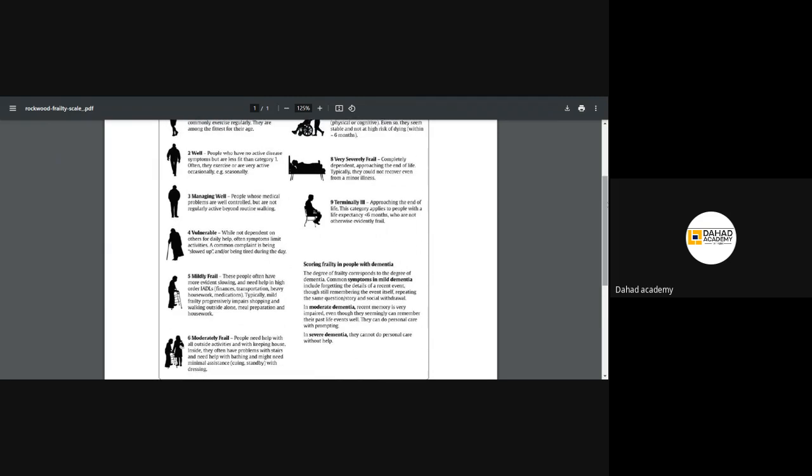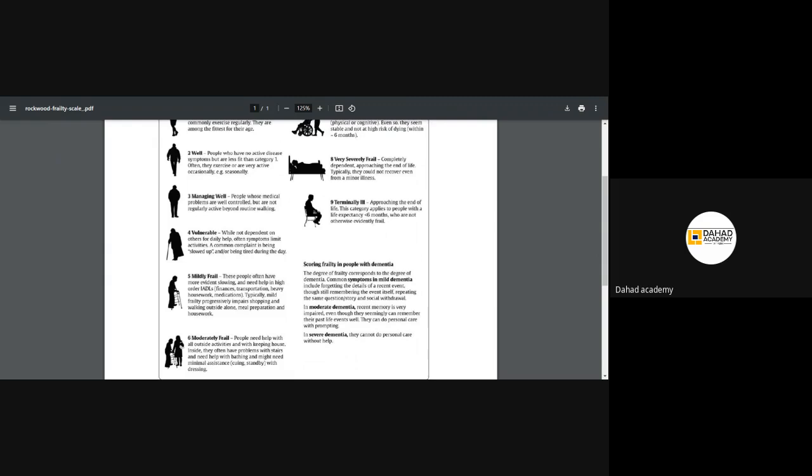And this depends on the comorbidities and what the patient can do. If the patient can do everything, he is fit. If he is managing, he is variably good on walking, but he is a little bit slow, but he can manage his own stuff, so he is vulnerable, and there's no problem about that.